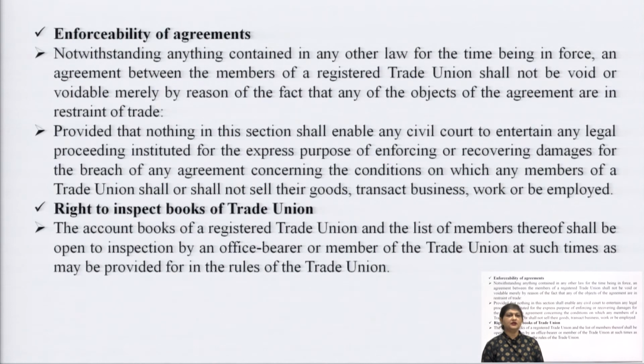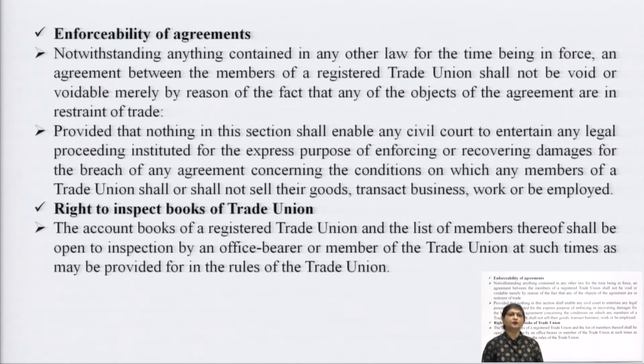Then enforceability of agreements: notwithstanding anything contained in any other law for the time being in force, an agreement between the members of a registered trade union shall not be void or voidable merely by reason of the fact that any of the objects of the agreement are in restraint of trade.